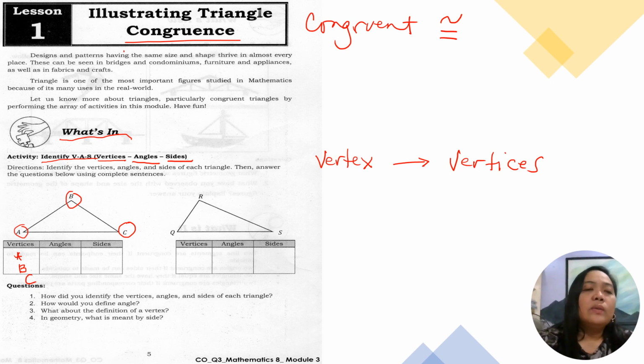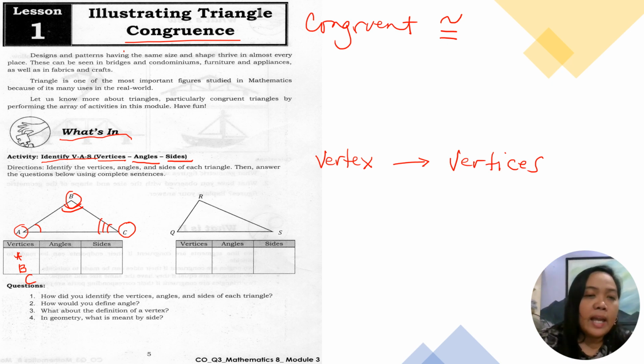Then let's go to the angles. The angles are the interior angles of our triangle ABC. First, we have angle A. Also, we have angle B. And also, we have angle C, the third angle. So how many angles do we have there?